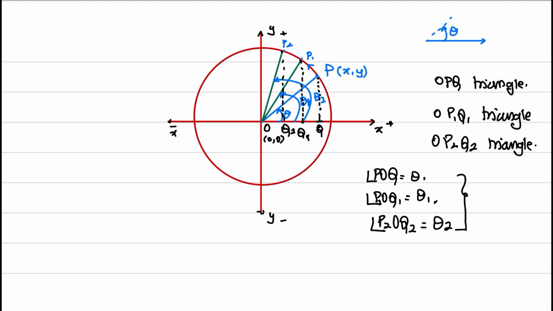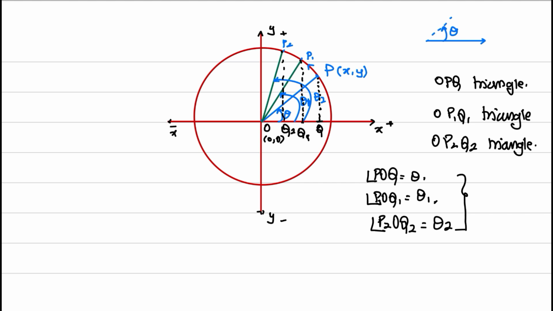The sides are OP, which is the hypotenuse, PQ is opposite to the angle theta, the opposite side, and OQ is adjacent to theta, that is the adjacent side. These sides are changing as theta changes from theta to theta 1 and theta 1 to theta 2.